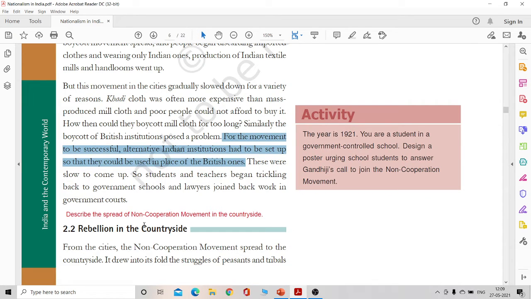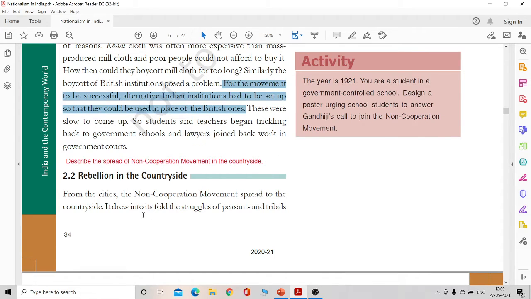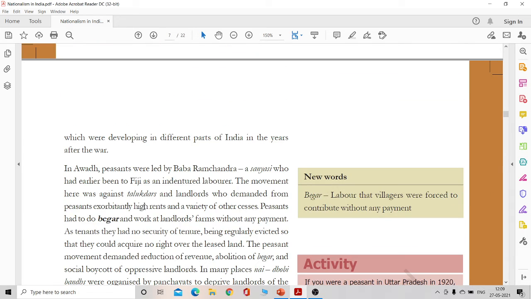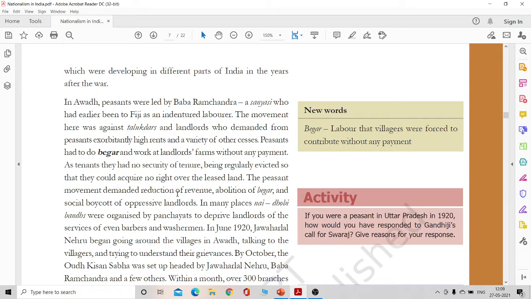The next question is: describe the spread of the non-cooperation movement in the countryside, right? As far as the countryside is concerned, you have to mention that a huge number of peasants and tribals were drawn to the non-cooperation movement.